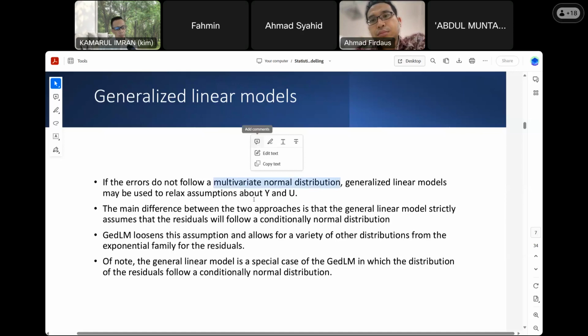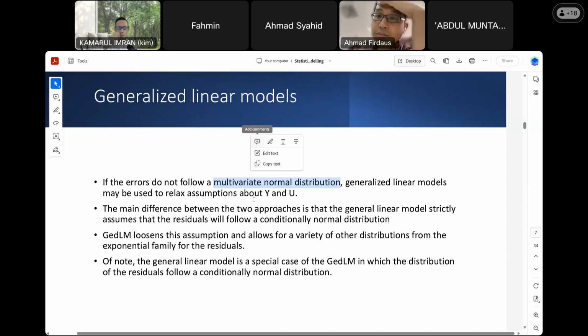So let's say if you want to try pun boleh kan. Let's say you have data with categorical outcome, yes, no, yes, no, or alive, dead, alive, dead. So you run linear regression analysis in SPSS ke R ke, and then you check the residual.